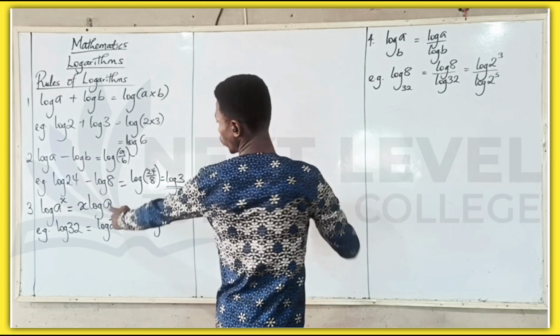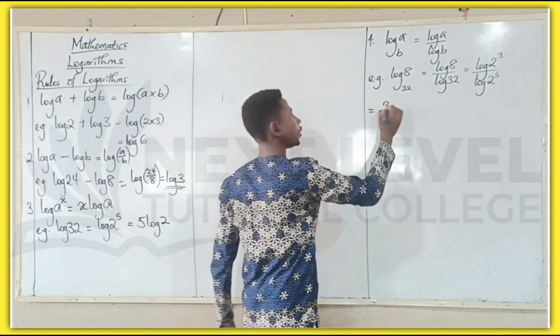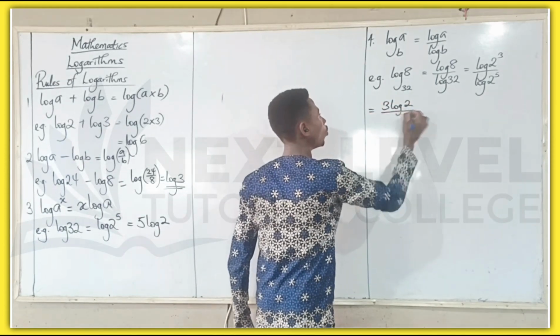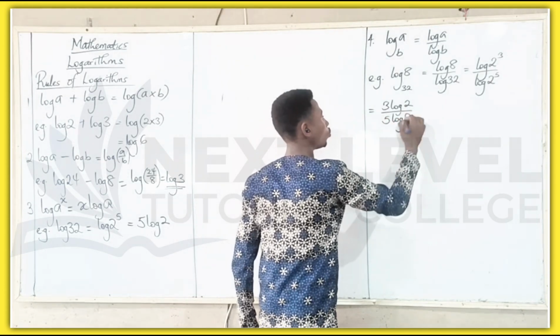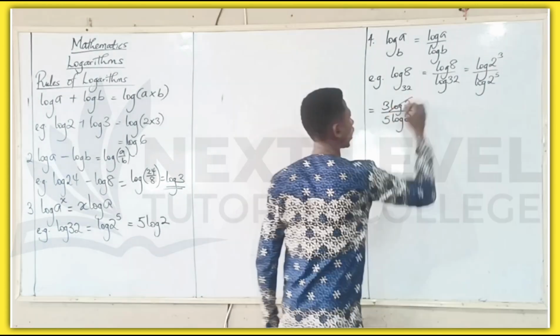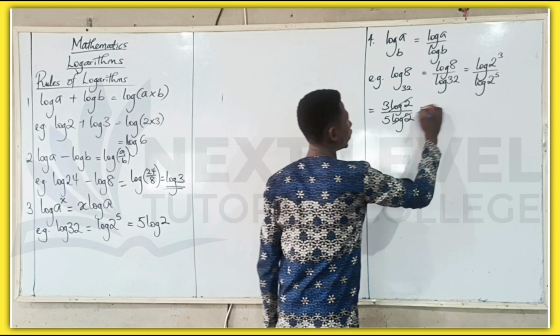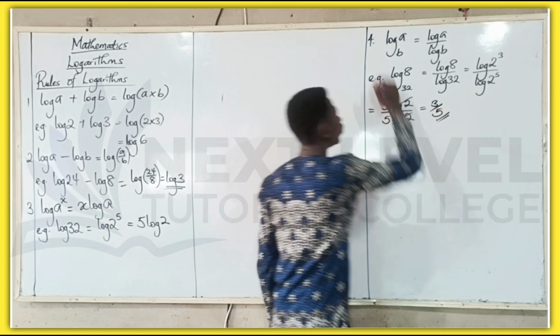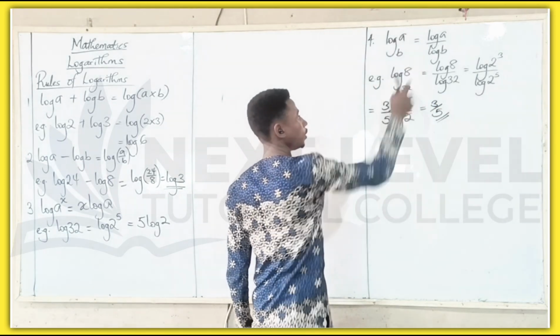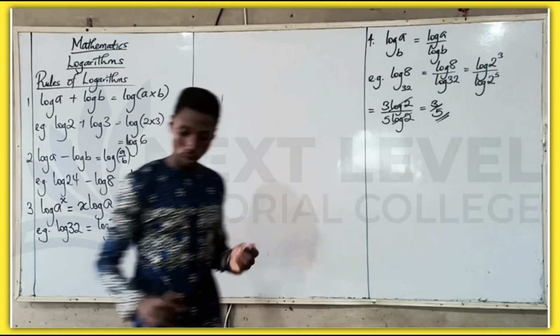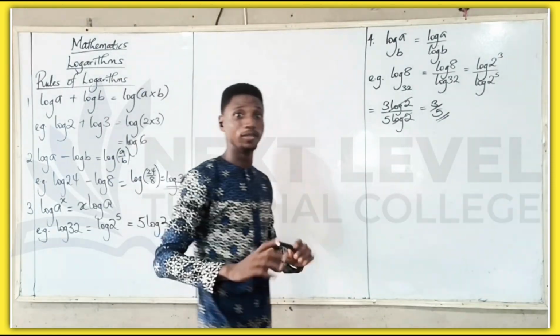Then applying this rule here, this will now become 3 log 2 over 5 log 2. And when we have this, we can cancel log 2 and our answer is 3 over 5. So we have simplified log 8 base 32 to become 3 over 5. I hope that is very, very clear.